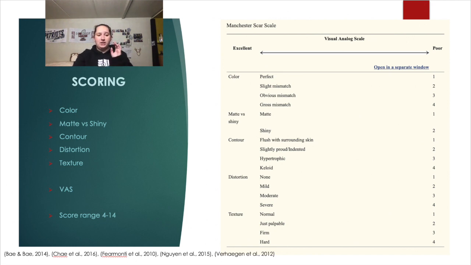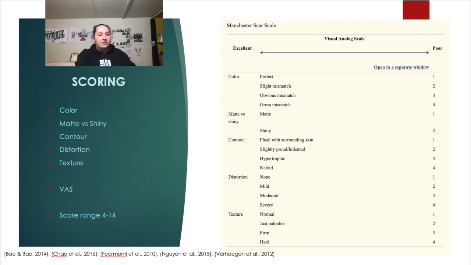And then a score of 4 is a keloid, which, if you don't know, is more protruded than a hypertrophic scar would be. It tends to be round and tends to expand beyond the wound site. I believe my next slide has an image of the difference between hypertrophic and keloid, and you'll see the variation in how much it extends off of the skin.